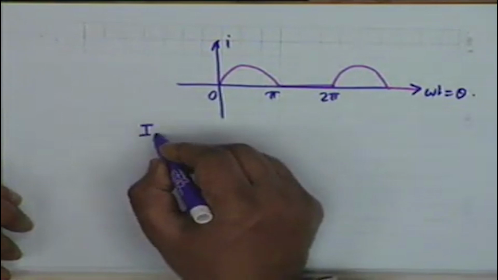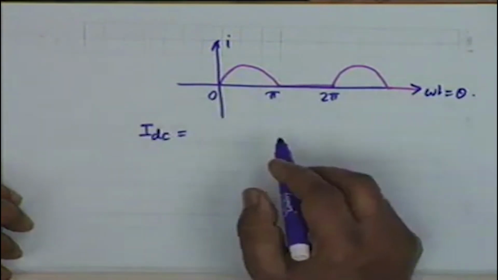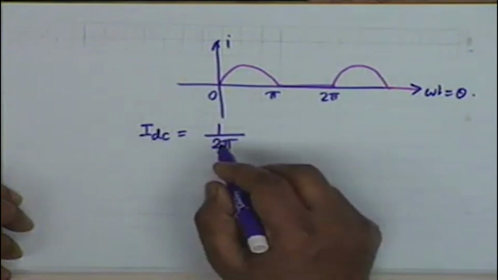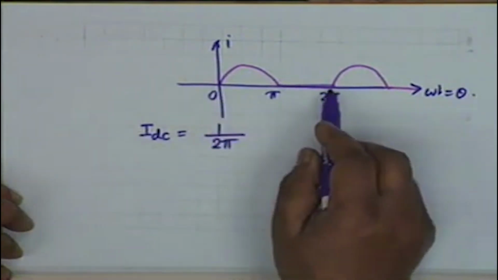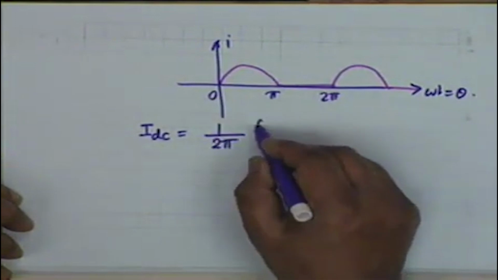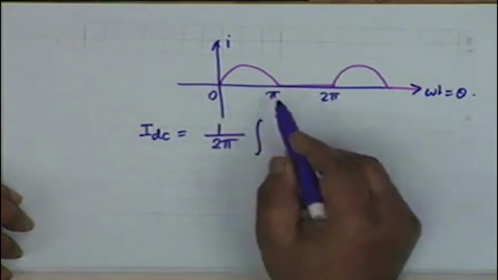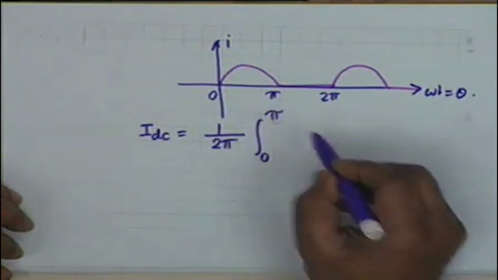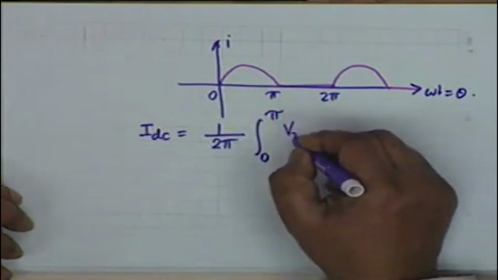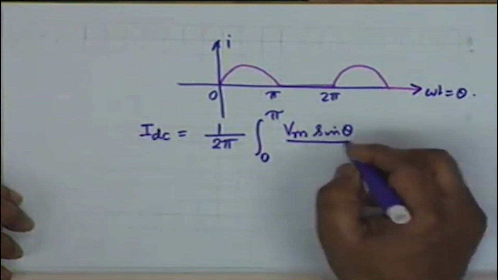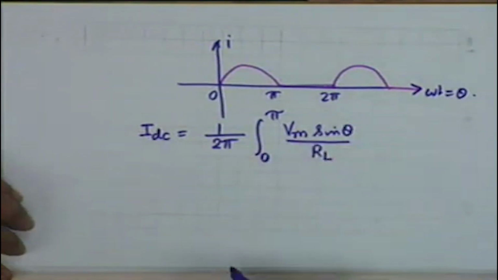I dc, the average value of this current, obviously is 1 over 2 pi, the average is to be over one period, 1 over 2 pi integral, the current exists only over this interval 0 to pi, and therefore we integrate between 0 and pi, Vm sine of theta divided by RL.